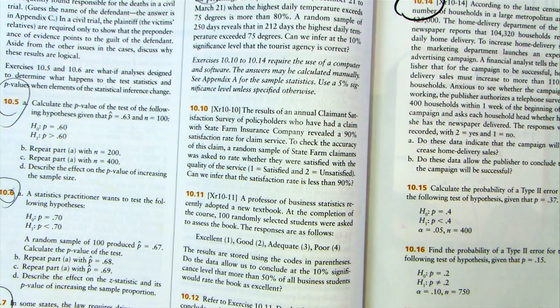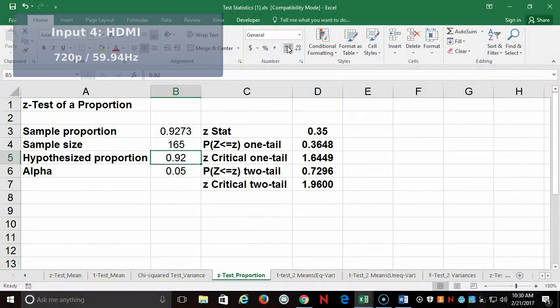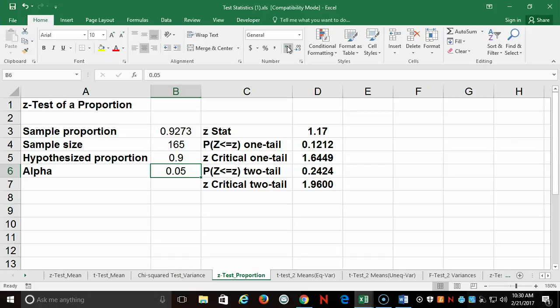Can we infer that their satisfaction rate is indeed less than 90%? So tell me what I'm trying to prove here. I'm trying to prove that P is less than 90%. So I can use this, right? The hypothesized proportion is 90%. I'm going to say alpha is 5%. I need two things: a sample proportion and a sample size.